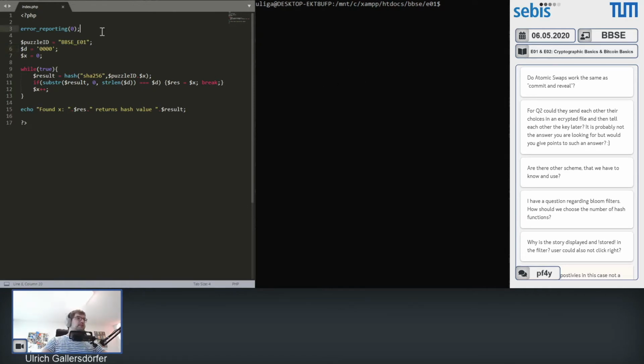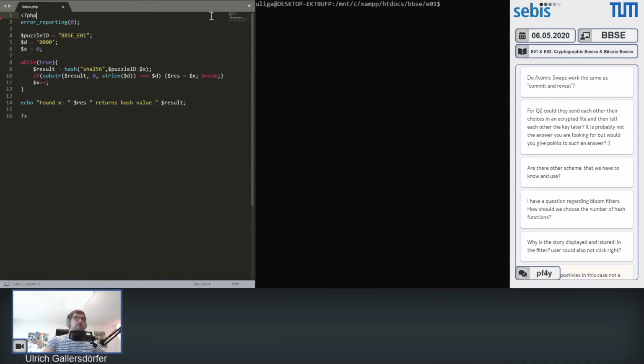So what you see here is obviously we set the error reporting to 0, so that's very important. If you're a real programmer, just disable the errors and everything works fine. I defined the puzzle ID, BBSE/E01. I defined the difficulty D, so 4 zeros. I defined X starting with 0, and I have a while true loop, which basically does the following.